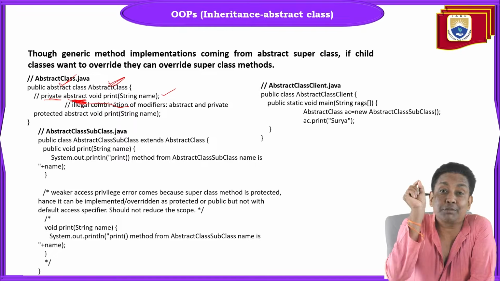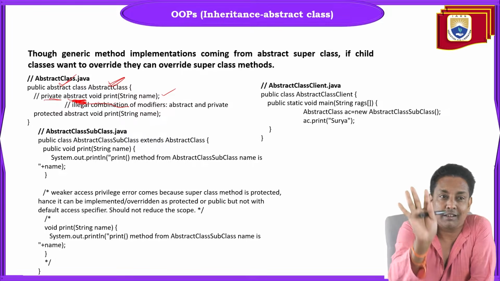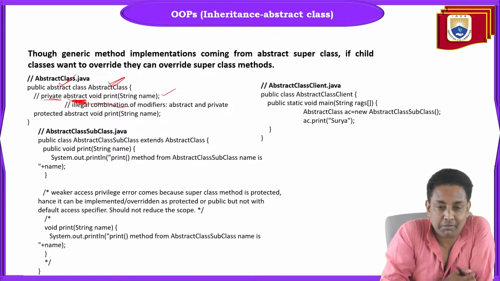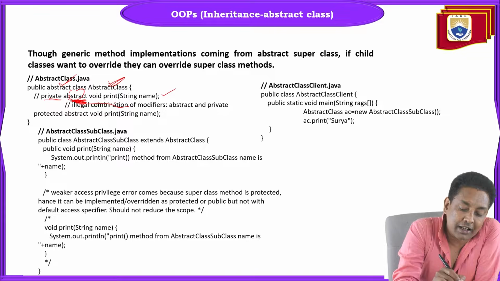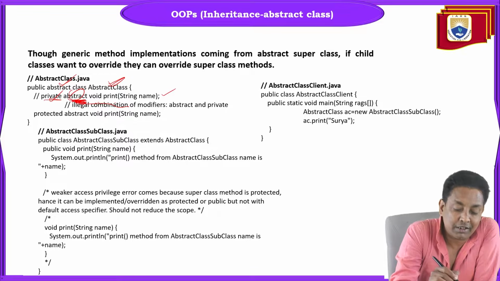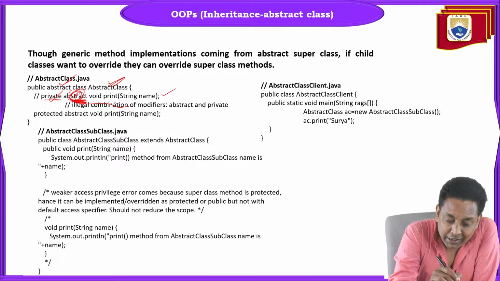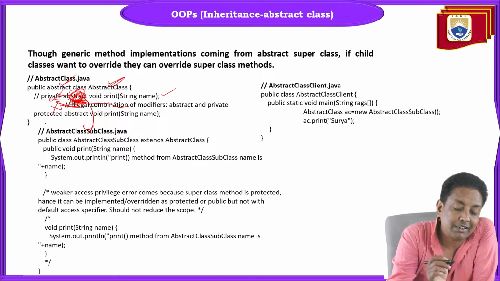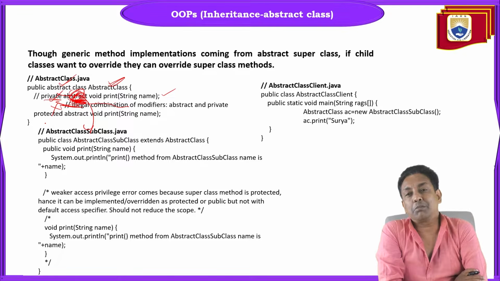Then is it right declaring an abstract method as private? Because the abstract method's intention is that this method should be implemented in the subclasses. If you declare such an abstract method as private, is this private abstract combination a wrong combination or not? Illegal combination or not?